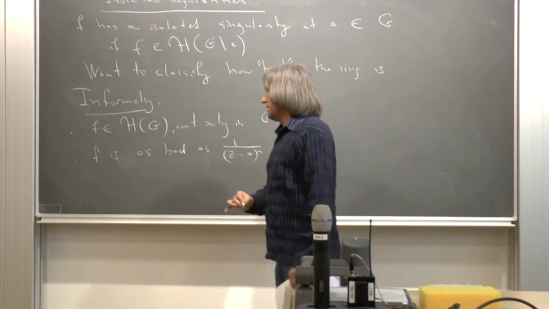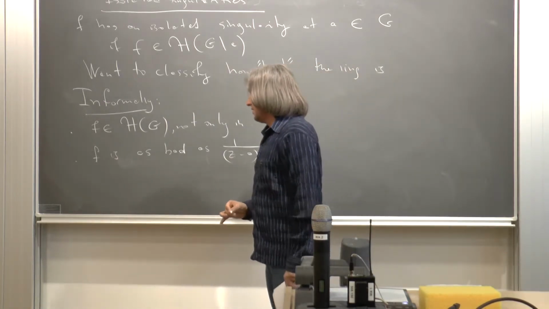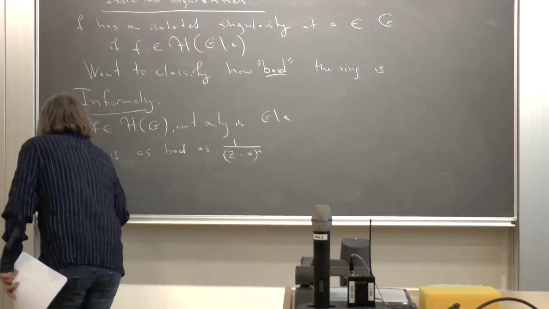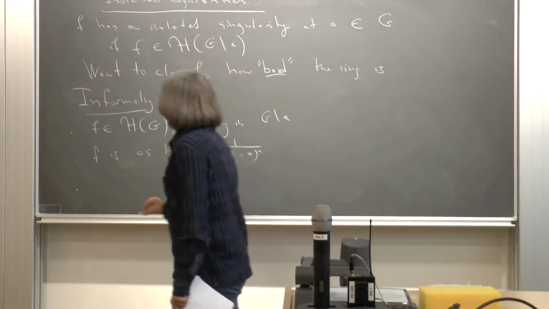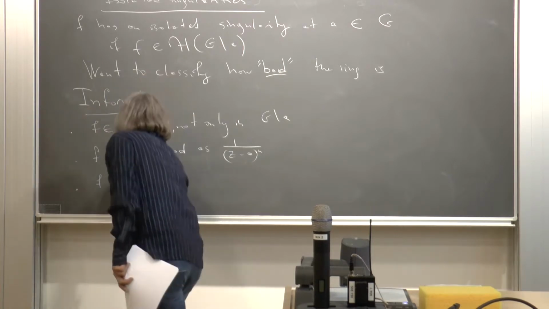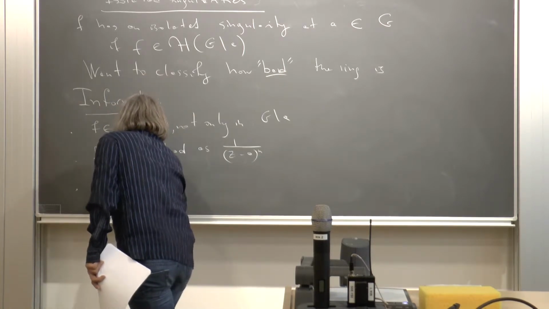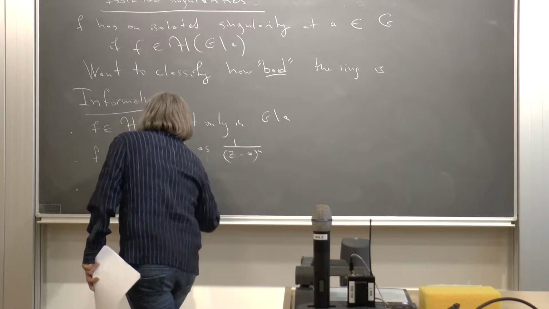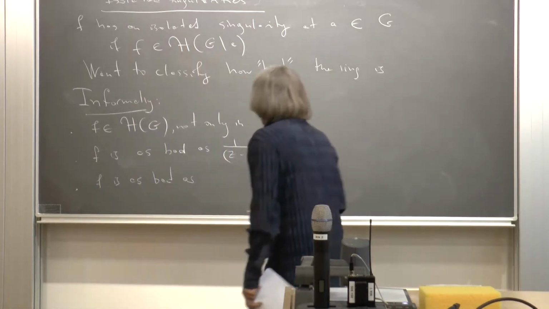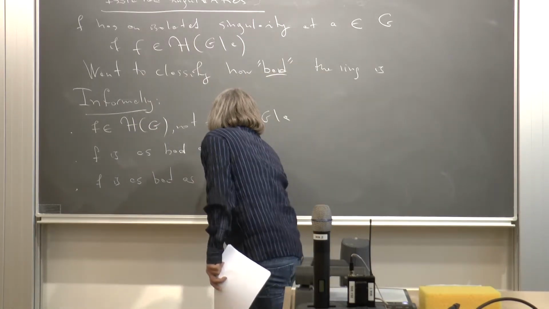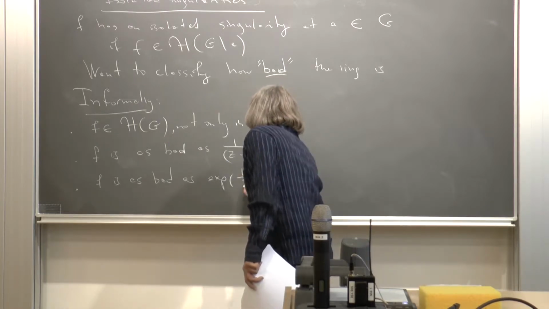And the last case is f is as bad as, let's say, e to the 1 over z at 0.